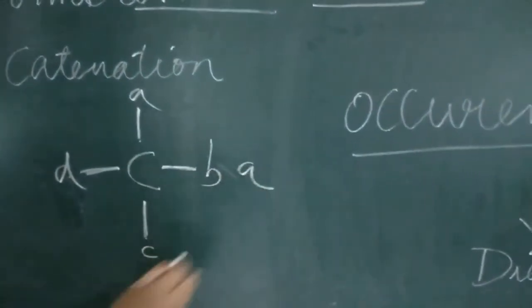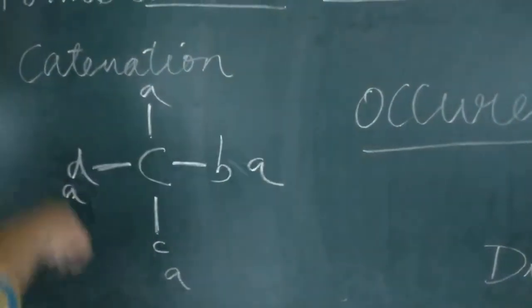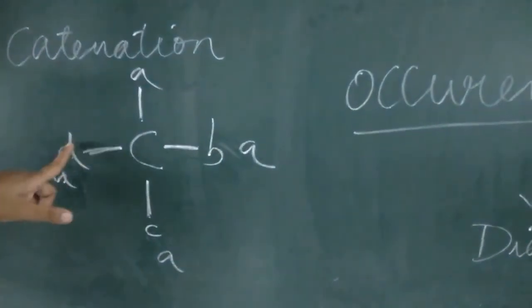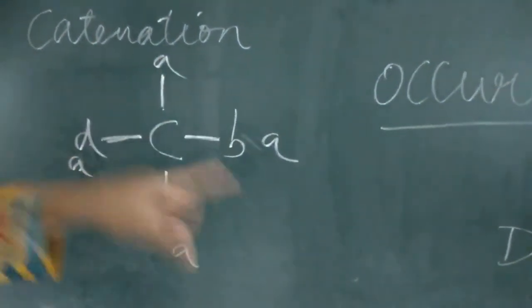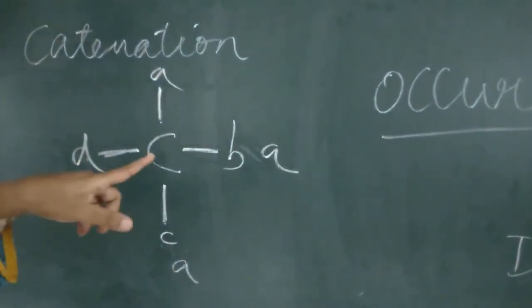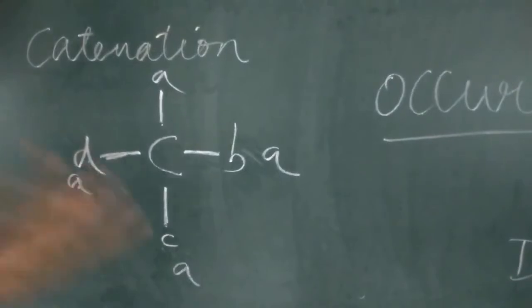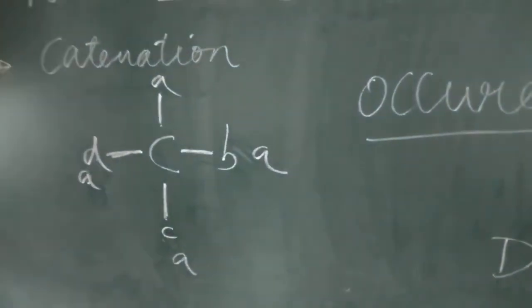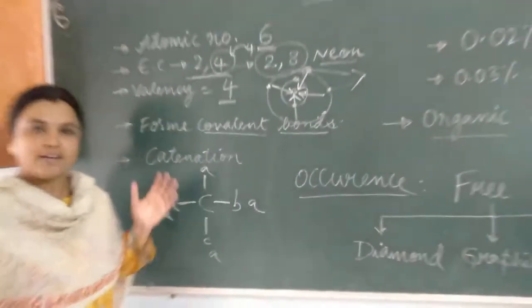It can be A also. So depending on the different groups that are attached to the carbon, it combines with different atoms and forms different compounds, and that is the reason why it is so abundant in nature.